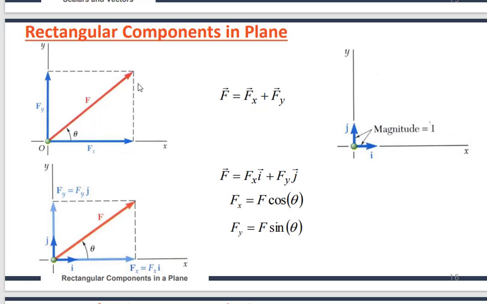Because cosine is adjacent over hypotenuse, so Fx over F is cosine theta, so Fx is equal to F times cosine theta. And Fy is nothing but the line parallel to the opposite side, so whenever you have sin theta, it is nothing but Fy. So Fy is equal to F sin theta. Clear? This is the basic thing which most of you have known because of statics.